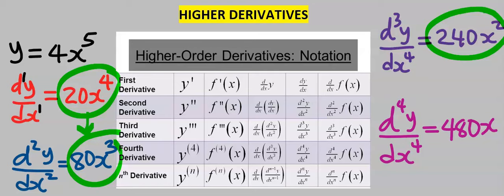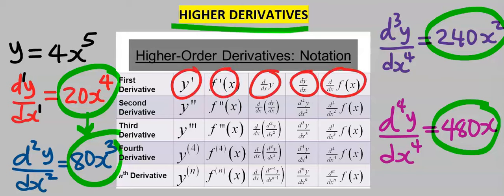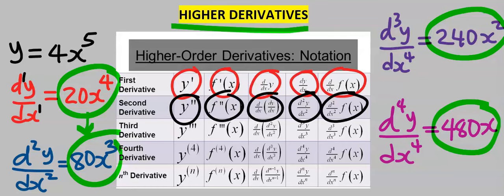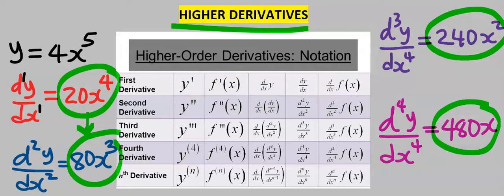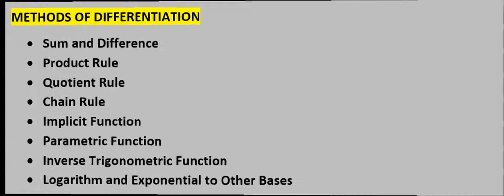And when we differentiate it again, we're going to have this. This is what is called higher derivatives. And for the first derivatives, all this means the same thing. And for the second derivatives, this means the same thing, likewise the others. Next, in subsequent topics, we are going to learn when and how to use each of these methods of differentiation.